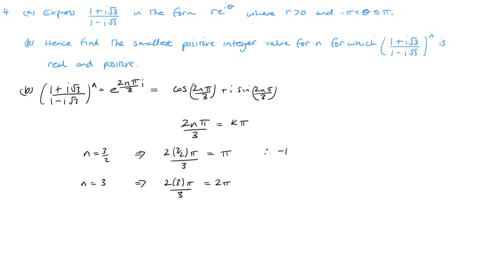Cos of 2 pi is 1, which is both now real and positive. So (1 plus i root 3) over (1 minus i root 3) to the power 3 is going to give us just cos of 2 pi, which is 1. Okay, and there we have done question 4.